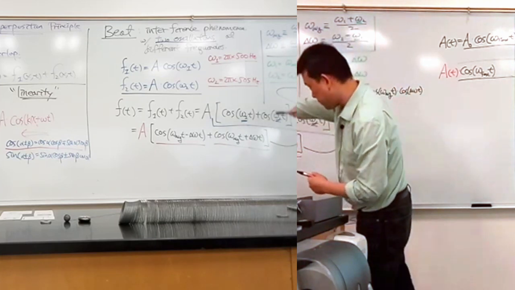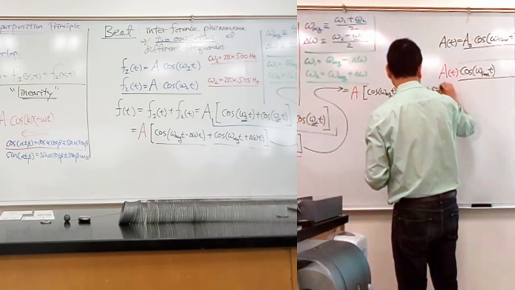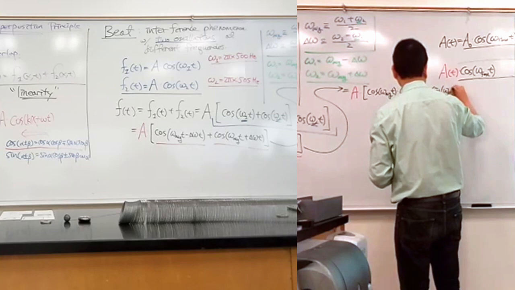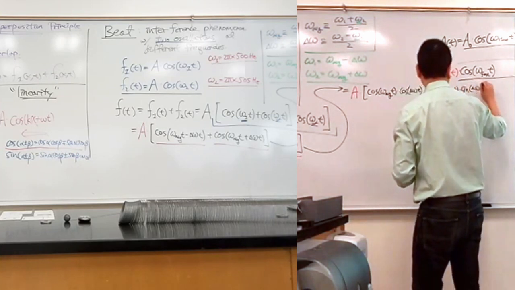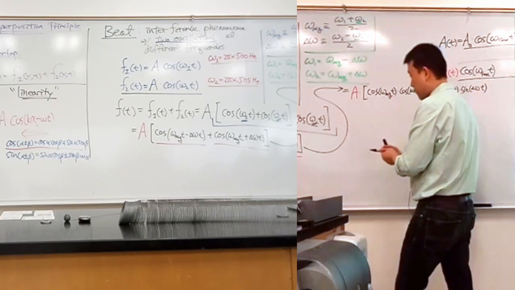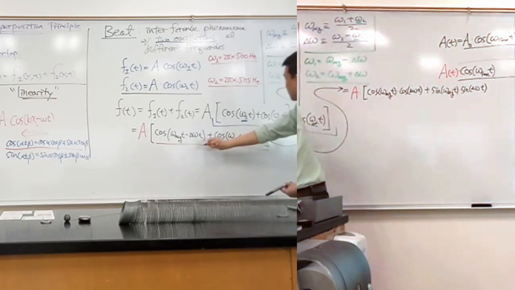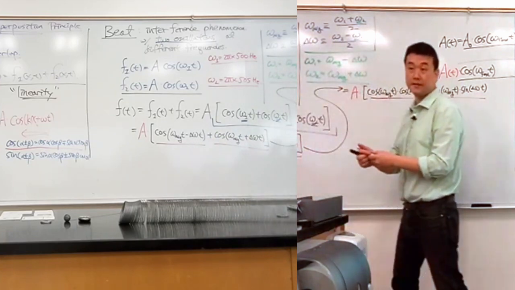It's minus, so it's plus. Plus sine omega average t times sine delta omega t. This is the first term here. So this first term is expanded out as this. I need to handle the second term still.